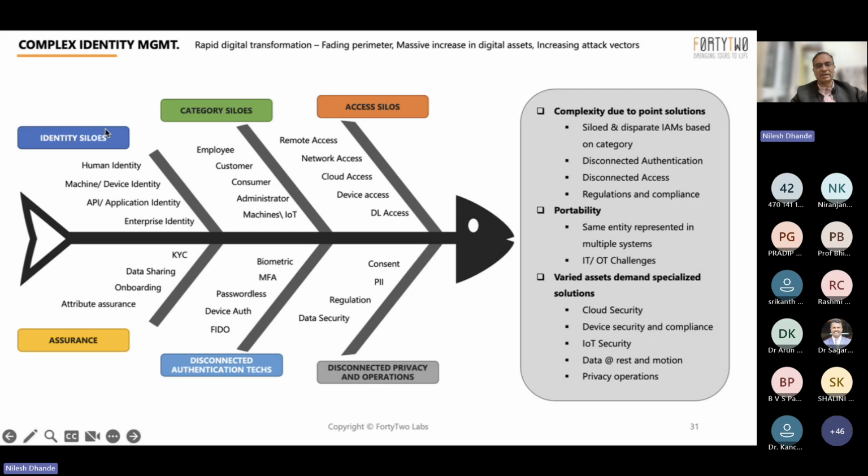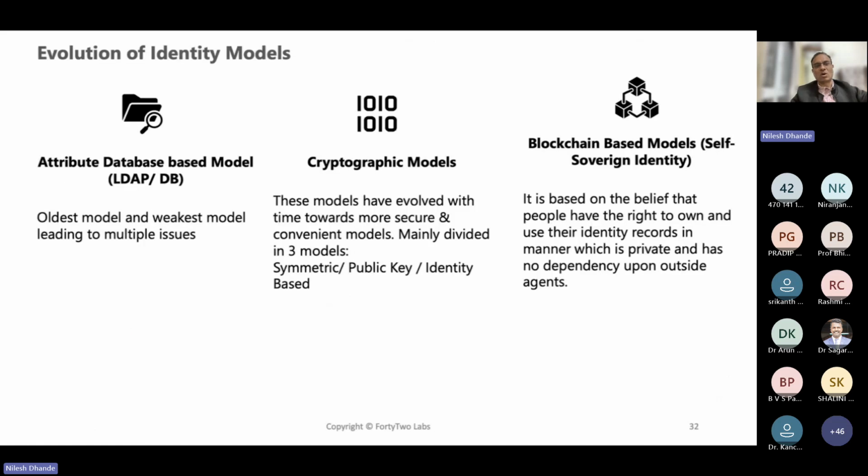Now let us look at an identity model itself and the evolution of identity models. Very, very interesting. We are all familiar with the LDAP or DB based identity models, right? When we say that, boss, I'm maintaining my students' identity inside my college premise, what does it mean?